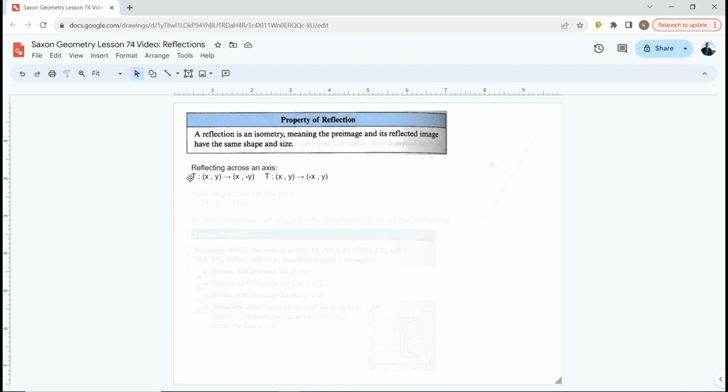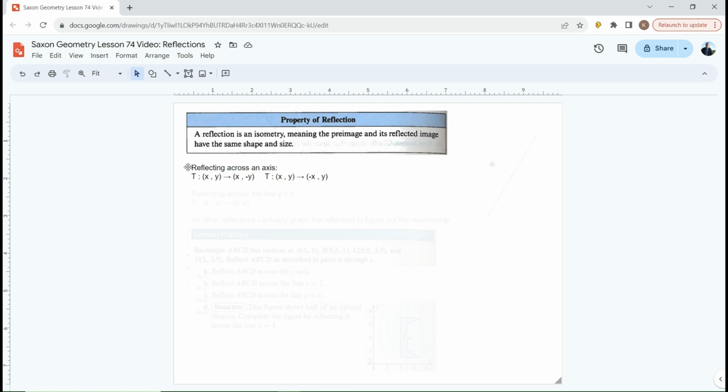There are two really simple types of reflection transformations. One is reflecting across an axis, the other is reflecting across a perfectly diagonal line, the y equals x line. It's really easy to do that. After that, all other reflections are kind of difficult. They're not prohibitively difficult, but they take some time to figure out.